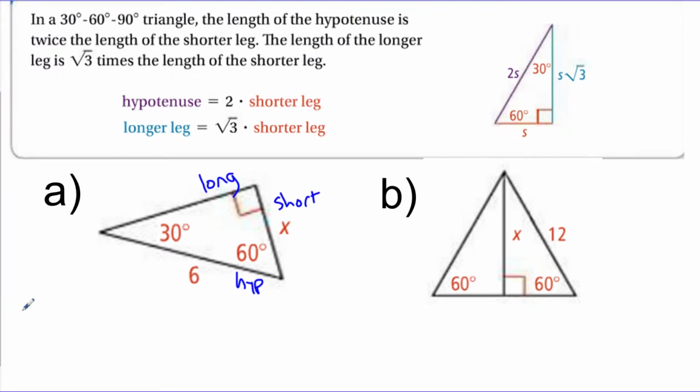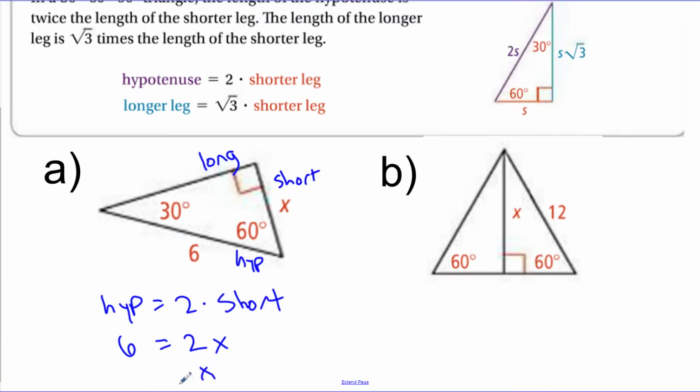So I'm going to write down the rule, which says hypotenuse equals 2 times the short leg, and plug in what I know: the hypotenuse is equal to 6. So 6 is equal to 2 times the short leg, which they call x. So x has to be equal to 3, right? So we found it. X is 3.